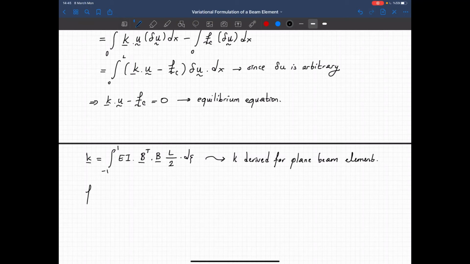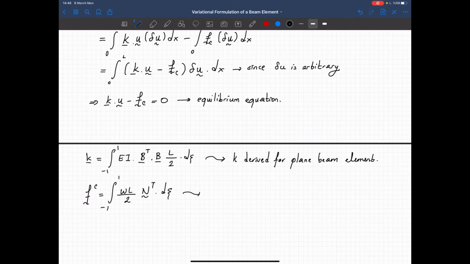And for the consistent load vector, that's the equation: the integral from -1 to 1 of W L/2 N transpose d psi.